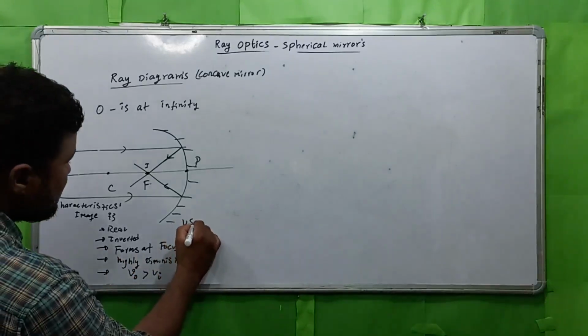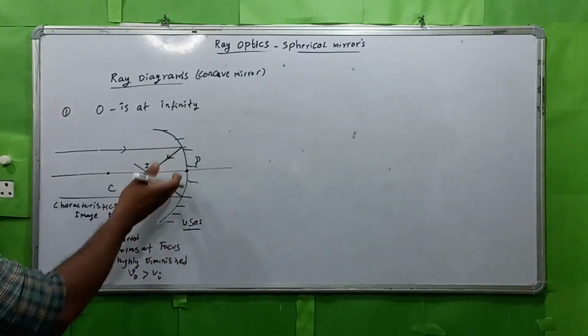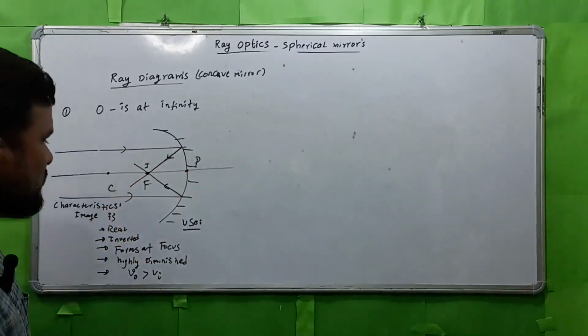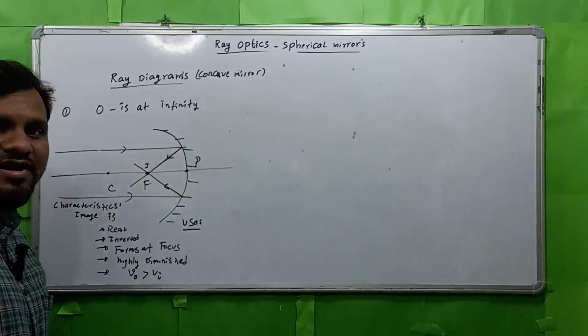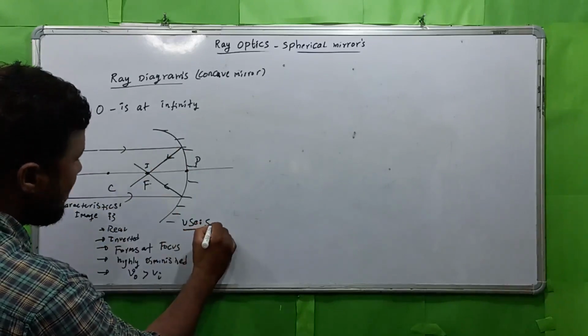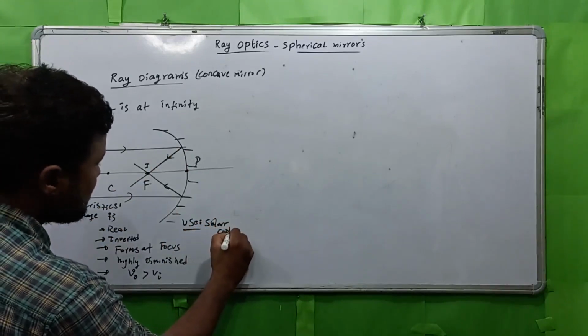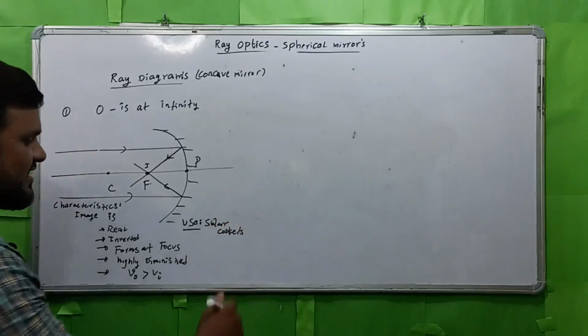And what are the uses in this situation? These concave mirrors are used as solar furnaces, solar cookers or solar furnaces.